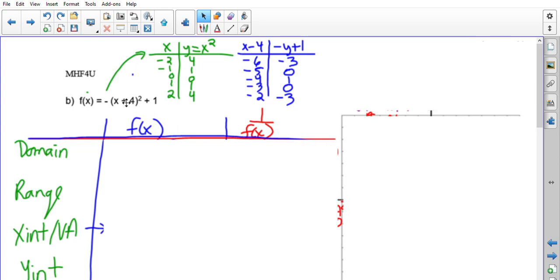But if you want some other key points, you can just do what I did at the top here. I did my table of values of the parent function, and then I did my mapping statement. So I knew it would be x minus 4, and then y times negative 1 because of the reflection, and then plus 1. So you can use this up here to create this drawing. So we know this is going to be a parabola with a vertex at negative 4 and 1.